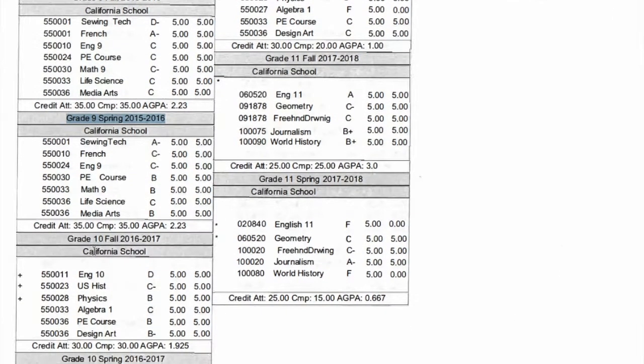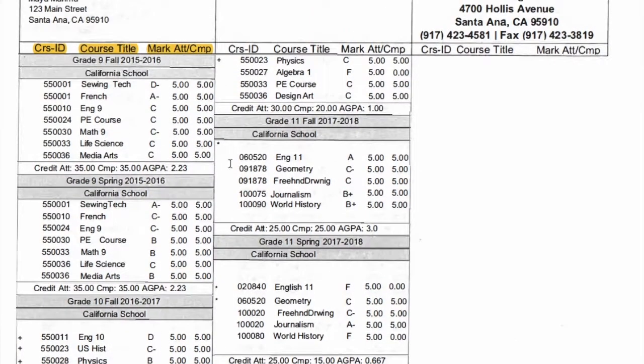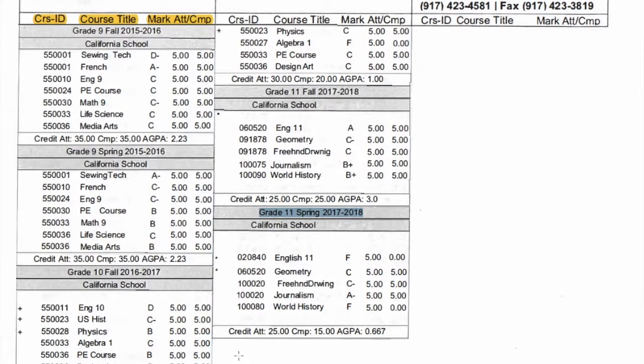Then you have 10th grade fall, and then the beginning of 10th grade spring, which carries over into this side of the page, and then 11th grade fall and 11th grade spring. And like I said, if this was a transcript that showed the students' current classes, that would be another square down here, and it would say something like in progress for those courses.